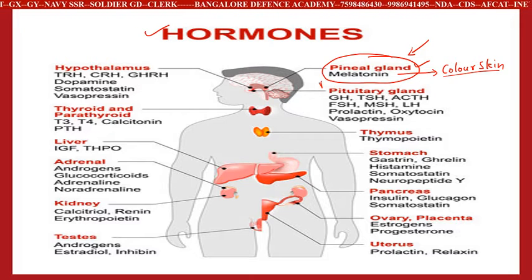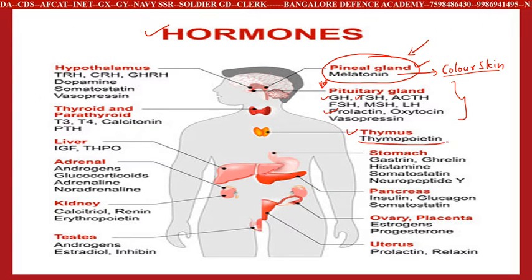Next, the pituitary gland secretes growth hormone, thyroid stimulating hormone, prolactin, oxytocin, and vasopressin. Thymus secretes thymopoietin. Then in the stomach you have gastrin, histamine, somatostatin, and neuropeptide. So the stomach has many hormones secreted.